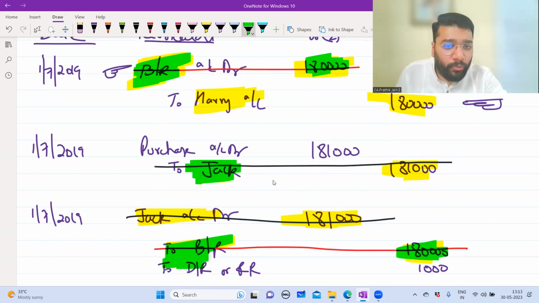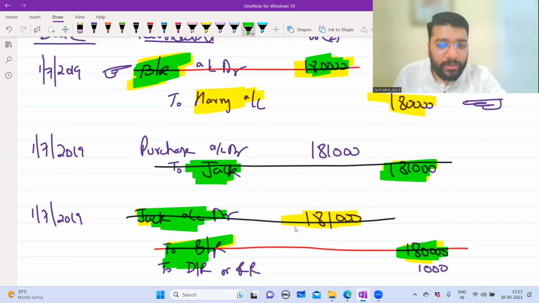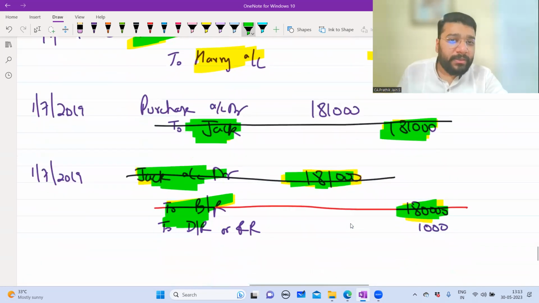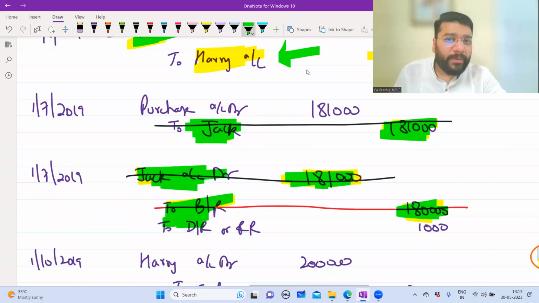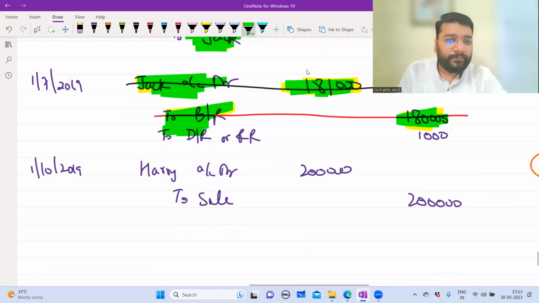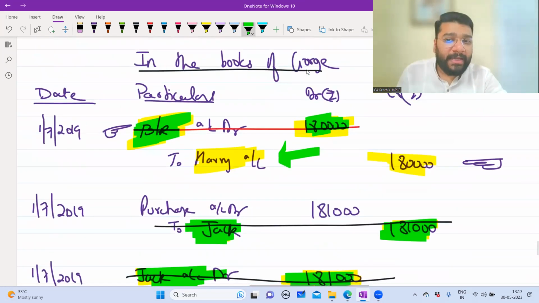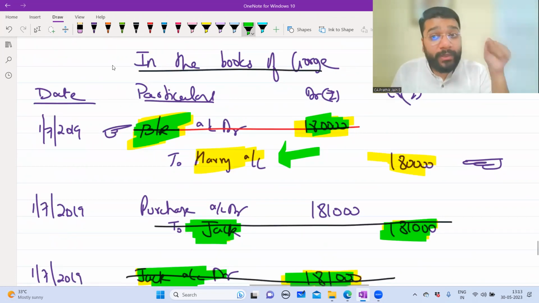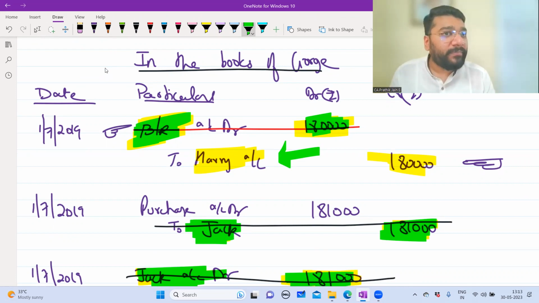Now, Jack's account is opened here and closed here. Am I right? Now, what is open? Harry. Sir, Harry's account is open. How much is open? 20,000. 1,80,000 rupees, who has to pay to Harry? Guys, in Gorgi's books, it is a liability. We have to pay Harry 180.